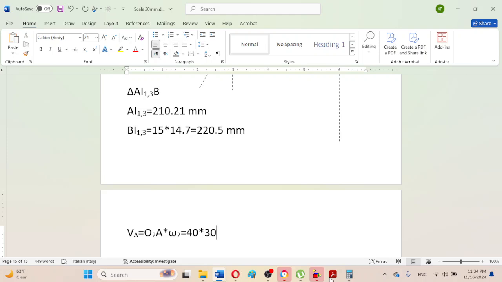Just use its magnitude because we require just the magnitude. So that comes out to be 1200 millimeter per second.